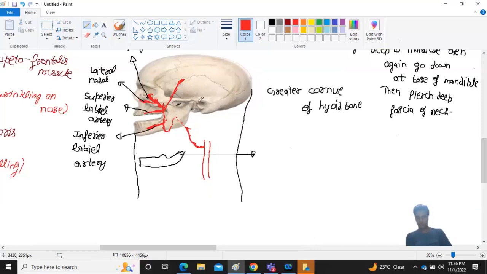One, we can write the name, is the submental artery. It will go like this region. Submental artery is going in this region.